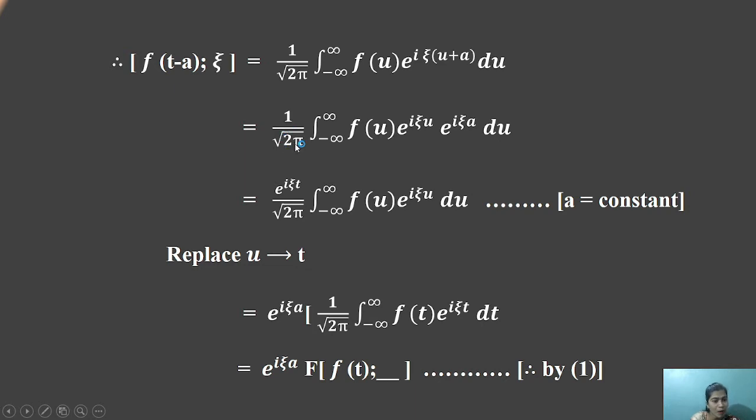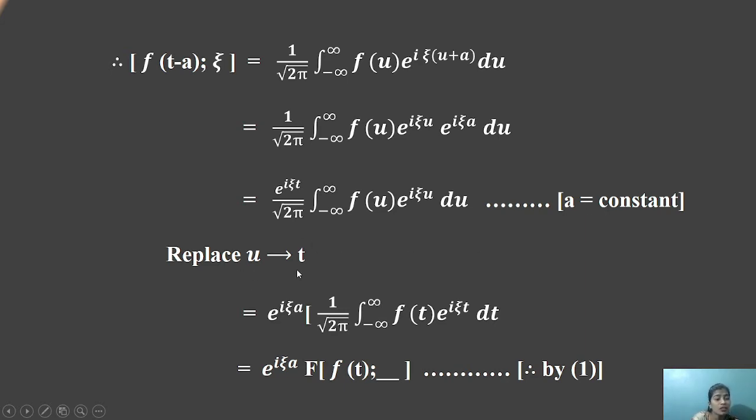The first term is multiplied by u and the other by a. Since a is a constant, it comes out in front: e to the power i xi a, times 1 upon square root of 2 pi, integration from minus infinity to infinity, f(u) e to the power i xi u du.